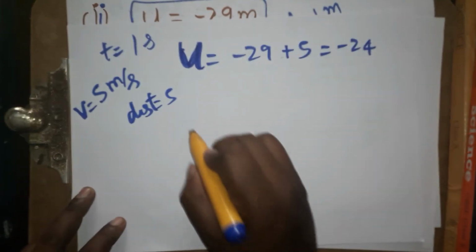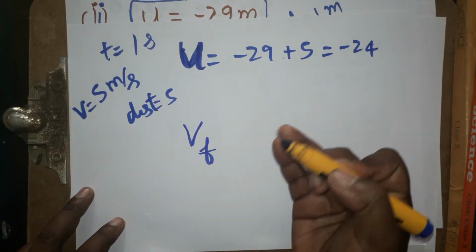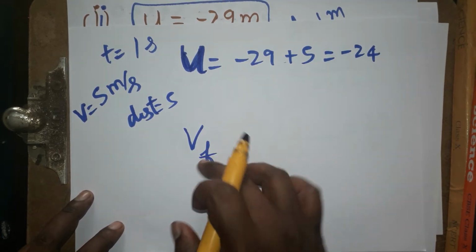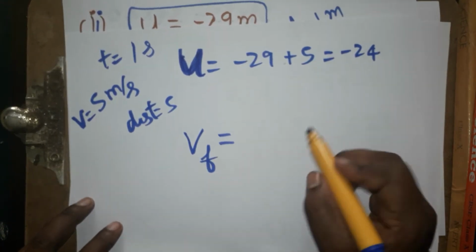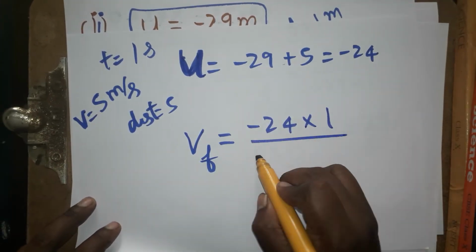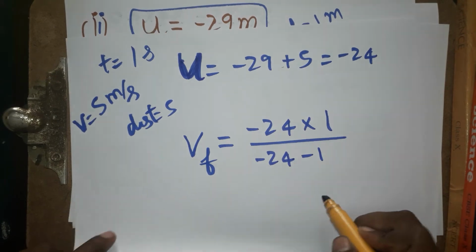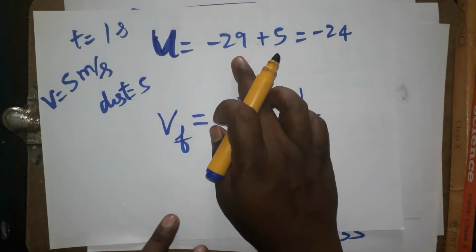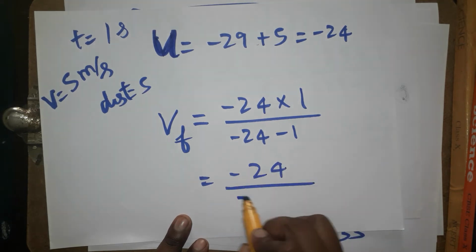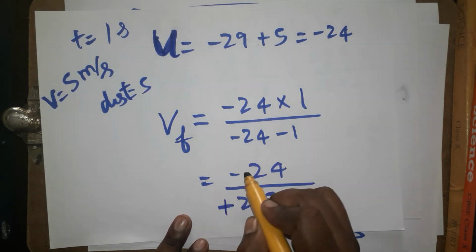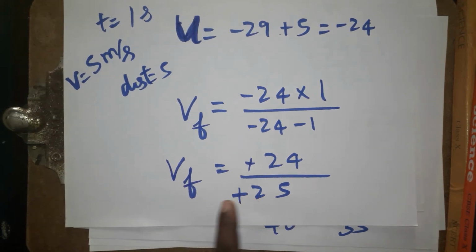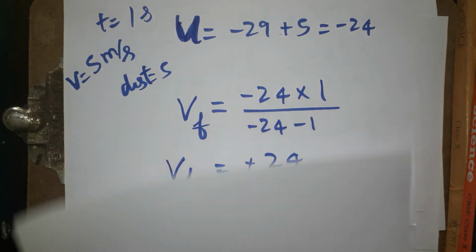Now for the final position of the image: minus 24 into 1 divided by minus 24 minus 1. It's the same concept repeated, but here the distance is 29. We get minus 24 divided by minus 25, so minus minus gets cancelled. The final image distance is going to be 24 divided by 25.